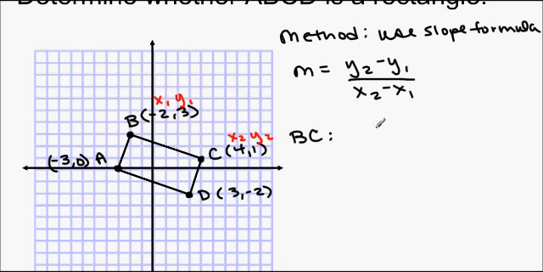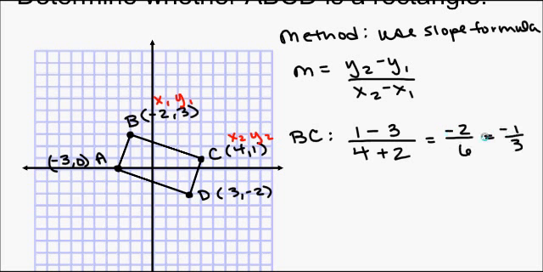My slope of BC, I see y2 is 1, minus y1 is 3, over x2 is 4, minus x1 is -2, minus negative is plus positive. 1 minus 3 is -2, 4 plus 2 is 6. So the slope of BC is -1/3.